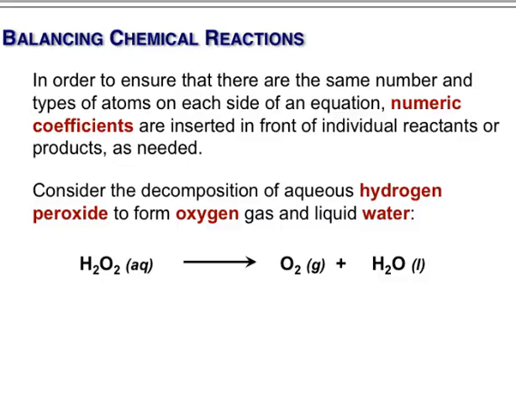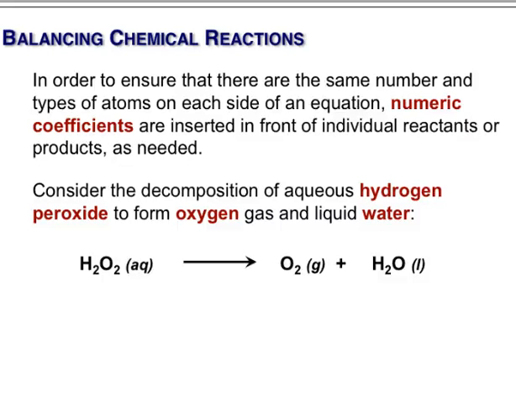Now, we've all seen hydrogen peroxide before. Again, this is the fizzy stuff that you pour on cuts and whatever. It decomposes to form oxygen as a gas, that's the fizzy part, and liquid water. This is the equation for what's happening.